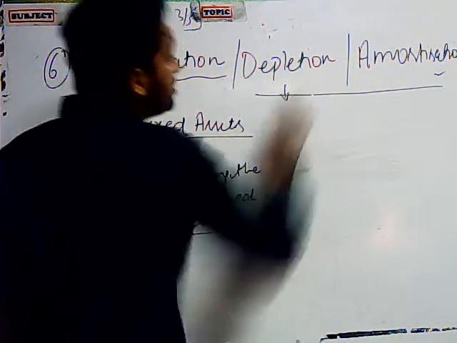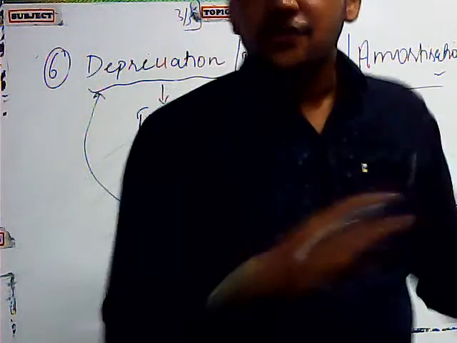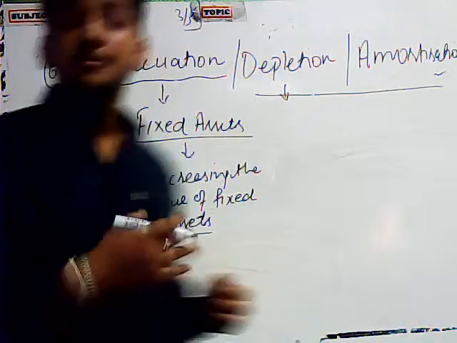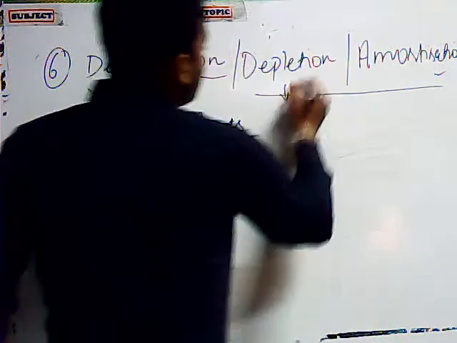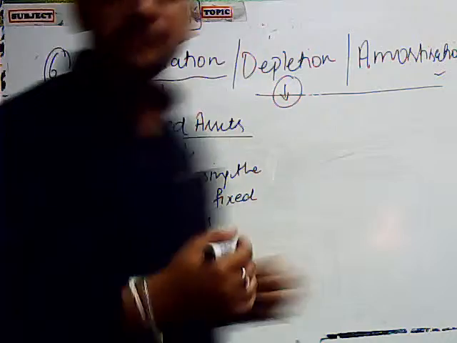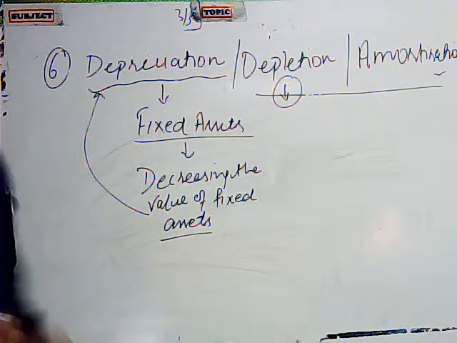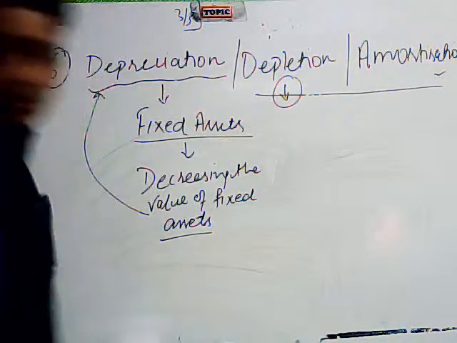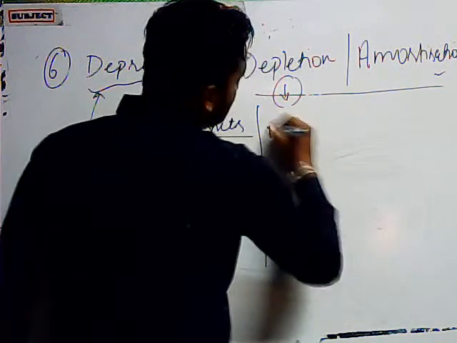The second term is depletion. It relates to your natural resources, like air that is polluted, the quality of air, trees, deforestation. So these are the terms that can be related with depletion. Clear? Natural resources that are decreasing day by day, that term is known as depletion. Depreciation is charged on your fixed assets, depletion is charged on your natural resources.